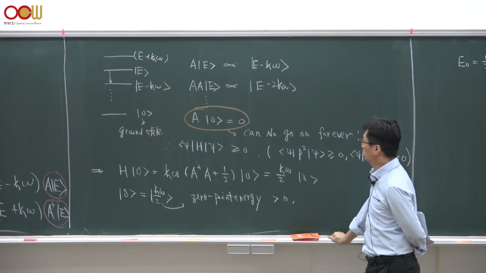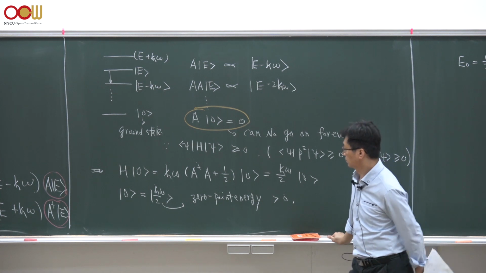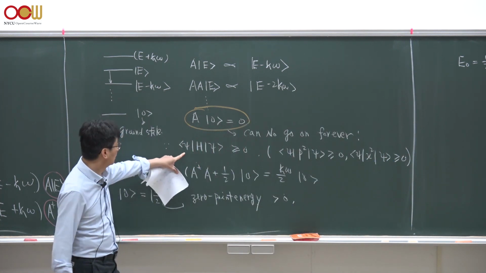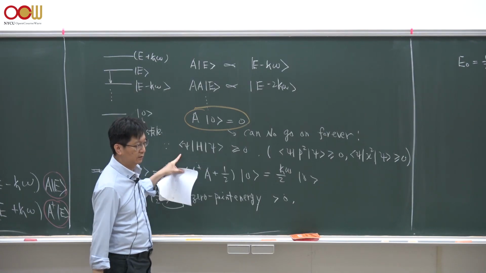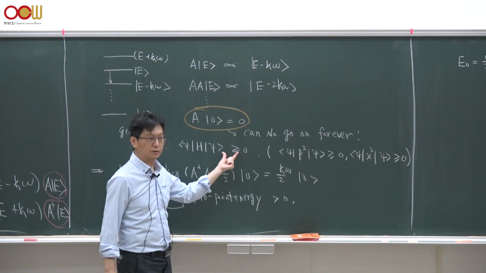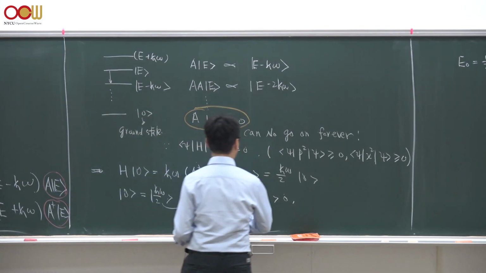This result sounds natural, but it is a consequence of the fact that the expectation value of the energy of the harmonic oscillator, sandwiched by any wave function or any eigenstate, should always be greater than or equal to 0.